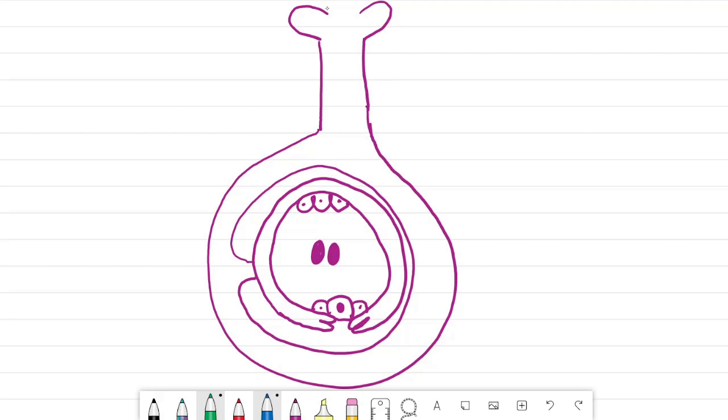Okay, so at the top, we still have our germinated pollen grain. And the pollen tube has now grown down. Oops, I didn't draw that very nicely. I'm going to redraw that part.